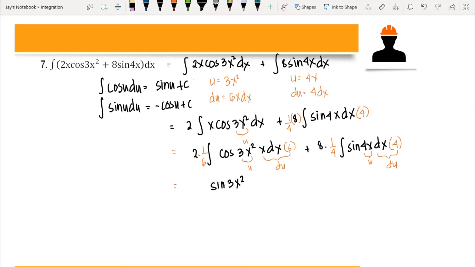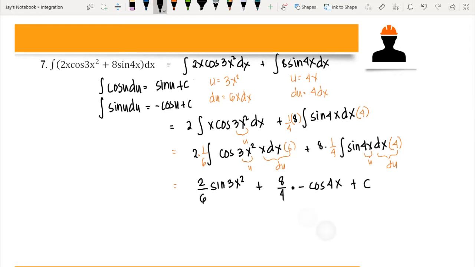So we have 2 times 1/6, that is 2 over 6, then plus 8 and 1/4, which multiply to 8 over 4. Then the integration of sine u is negative cosine u, so that is times negative cosine of 4x, our u. Then we have plus c.